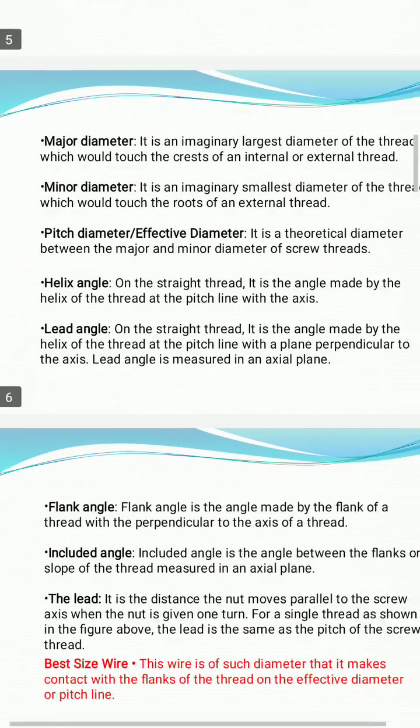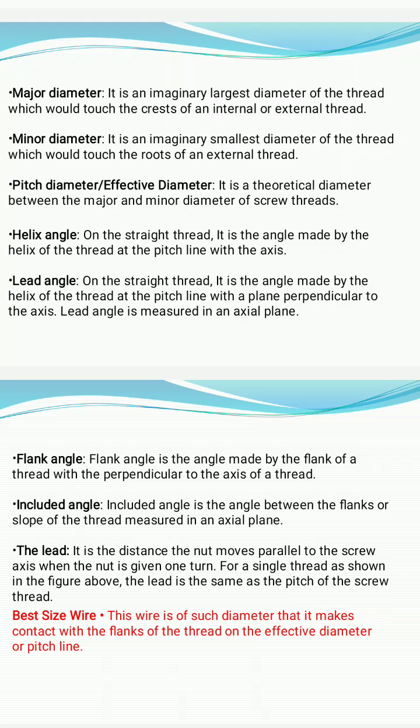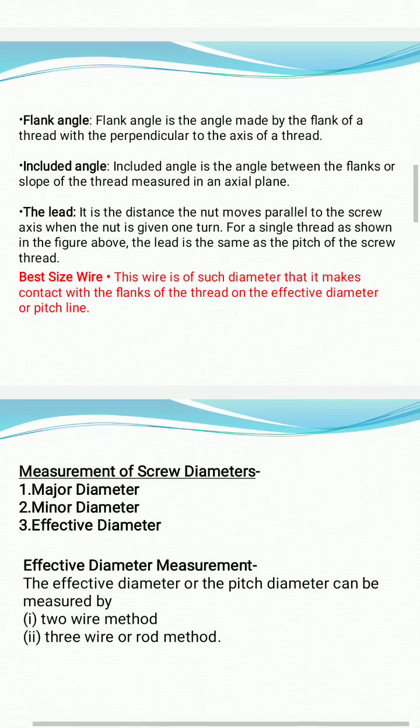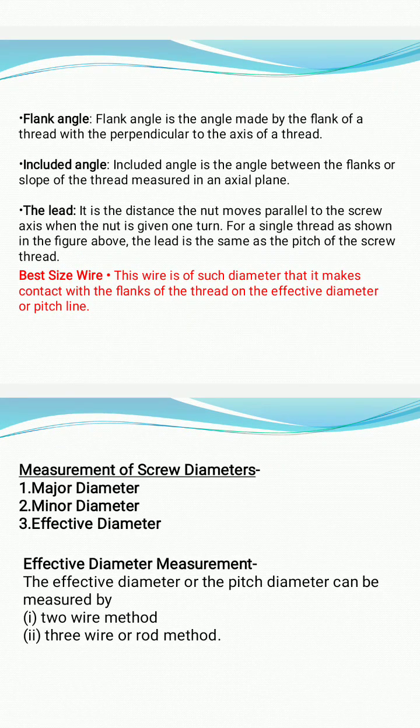Correct? Next, what is helix angle? It is the angle made by the helical groove with respect to the axis. This angle is called helix angle. Correct? Next, what is the best wire? There is a wire that is used for the measurement of diameters of the thread.